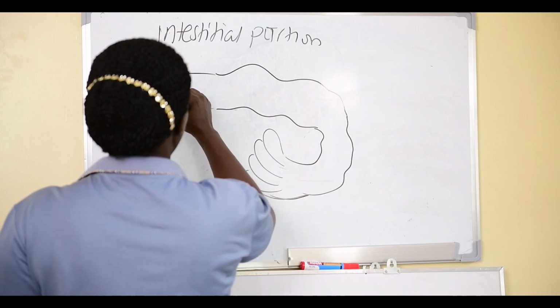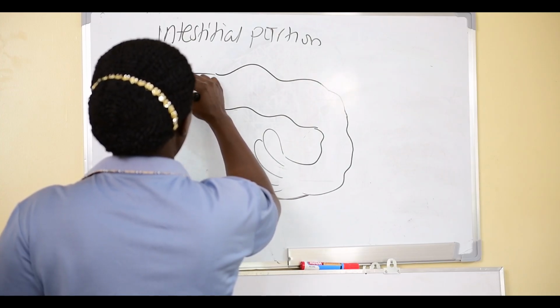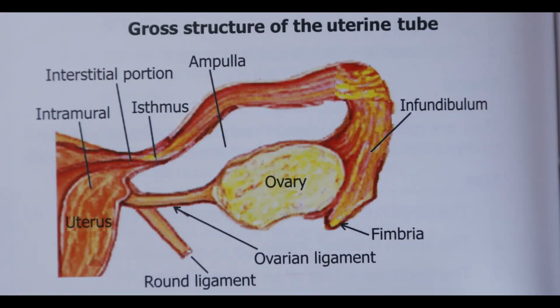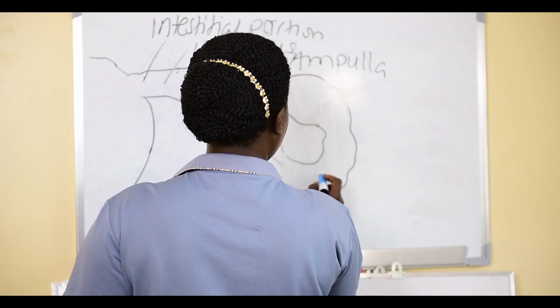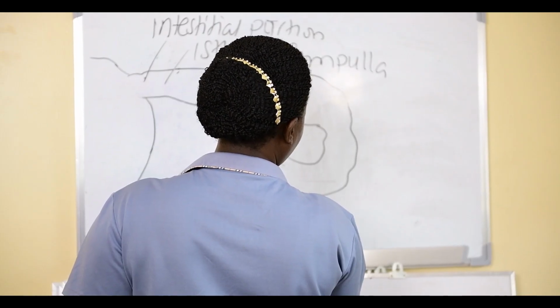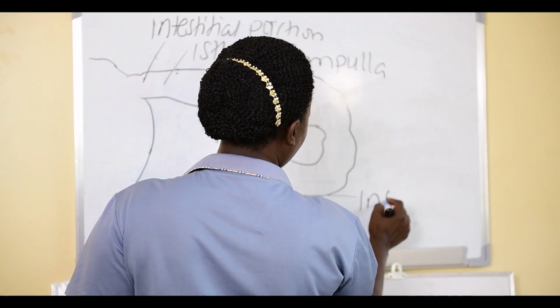We have an isthmus. We have a part known as ampulla. We have the infundibulum.